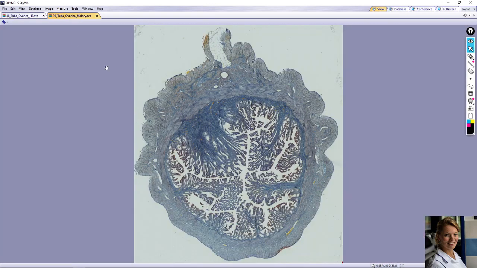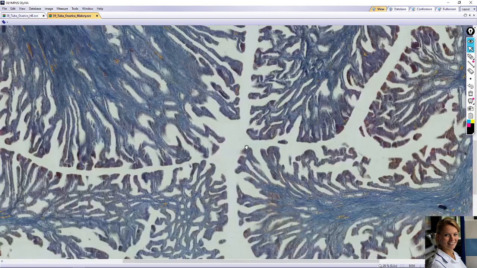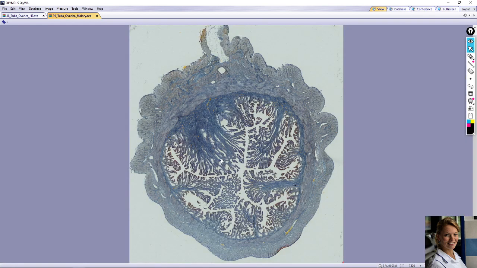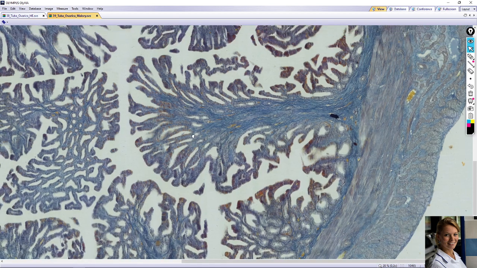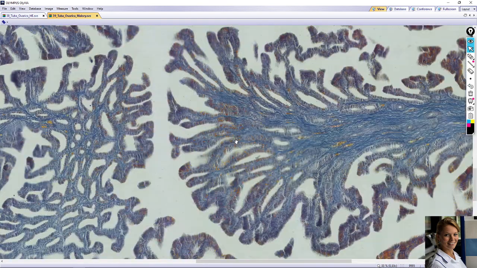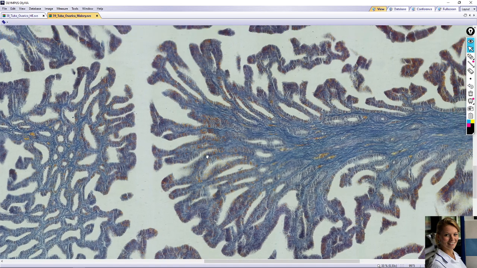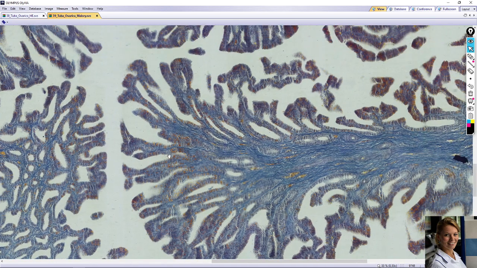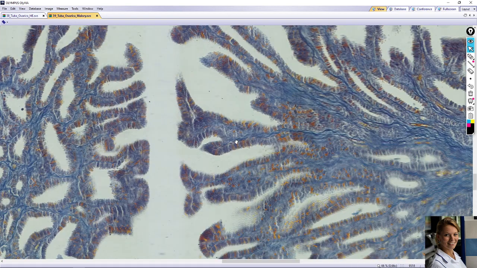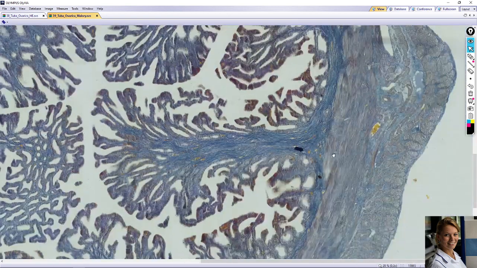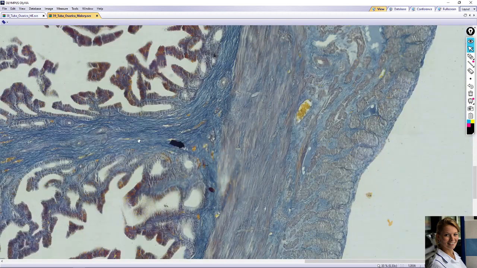And here is another slide of uterine tube, another slide of the ampulla of the fallopian tube, and this staining method is Mallory staining, which stains collagen fibers bluish. So here you can see the lamina propria.